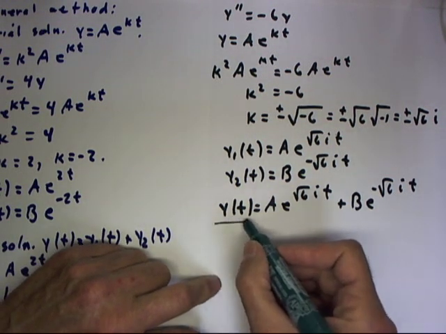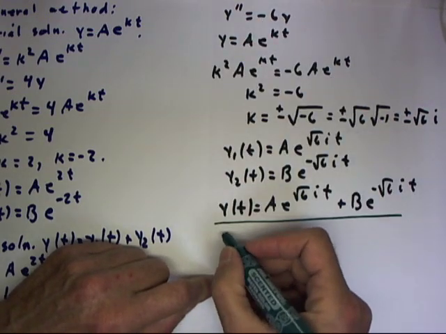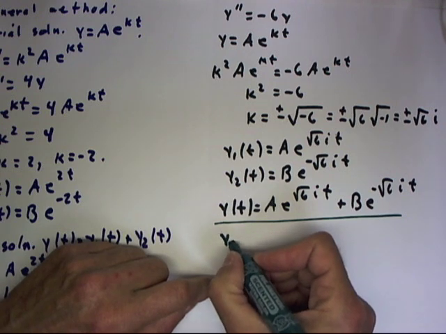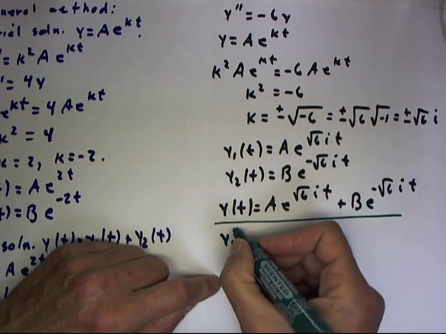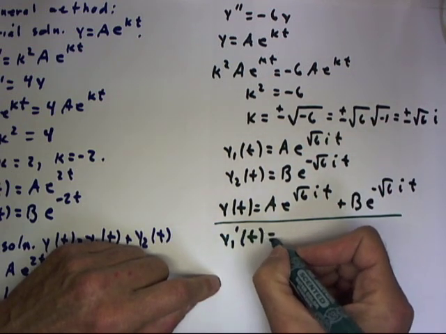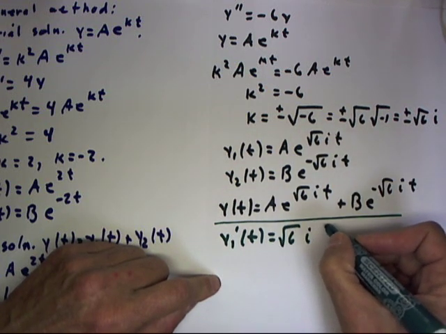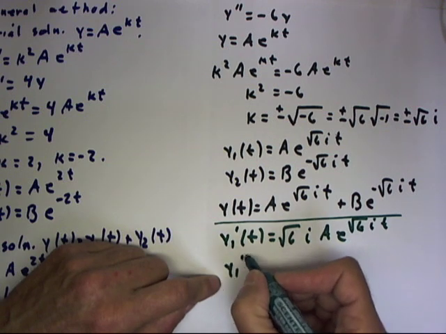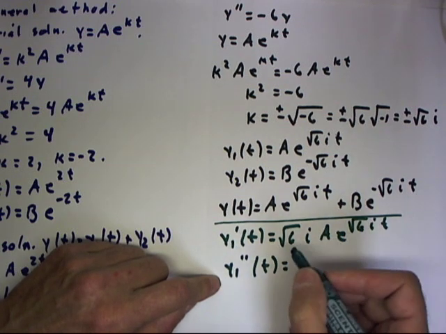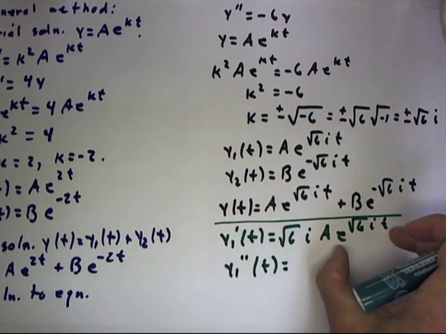Now let's verify that at least y1 of t is a solution to the equation. So let's see, y1 of t, of course, is a e to the square root of 6 i t. So y1 prime of t would be, by the chain rule, square root of 6i times a e to the square root of 6it, and y1 double prime of t would then be, we get another square root of 6i from the chain rule.